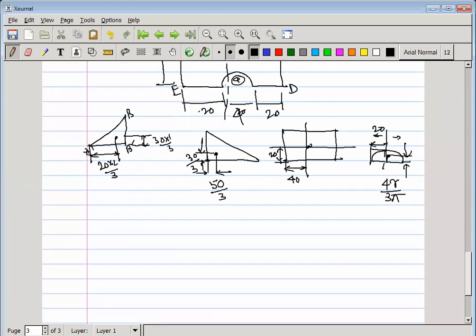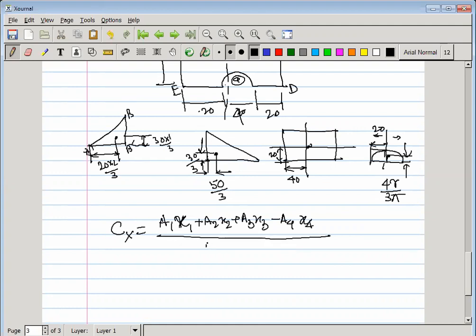In a similar manner, for the centroid of this composite body, we only need A1 x1 plus A2 x2 plus A3 x3 minus A4 x4, divided by A1 plus A2 plus A3 minus A4.